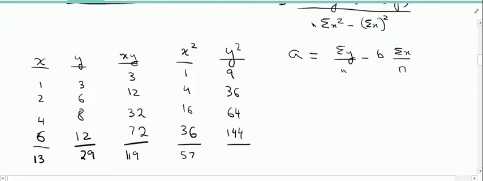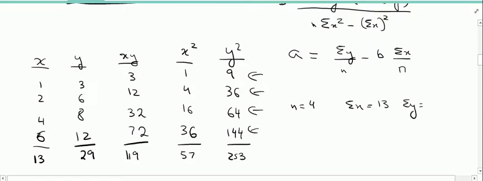Summation of y square will be 253. And n is the number of pairs of values, 1, 2, 3 and 4, so our n is 4. Summation of x is 13, summation of y is 29, summation of xy is 119, summation of x square is 57 and summation of y square is 253.